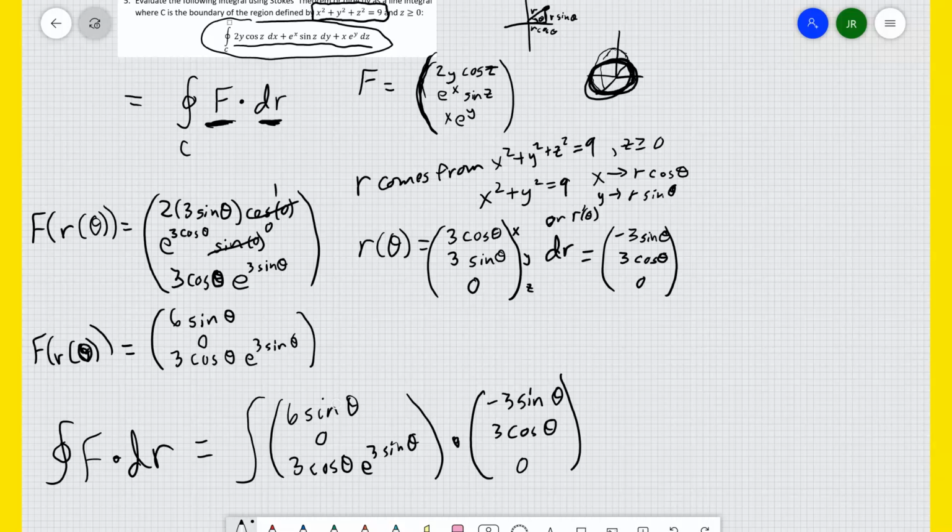Remember, a dot product is just multiplying the x with the x, add that with the y times the y, add that with the z times the z. That's how you do a dot product.